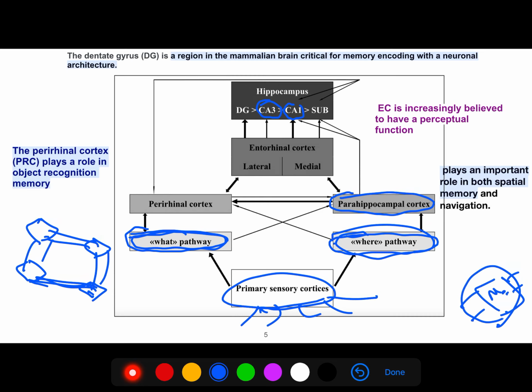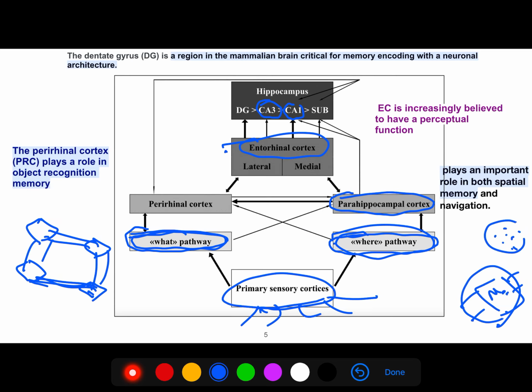Everything you think has correspondence in your brain, a set of neurons that are responsible for that. So parahippocampal cortex is responsible for this where pathway, and entorhinal cortex is very interesting. It combines this information and gives it to the hippocampus in an appropriate, filtered, modulated way.